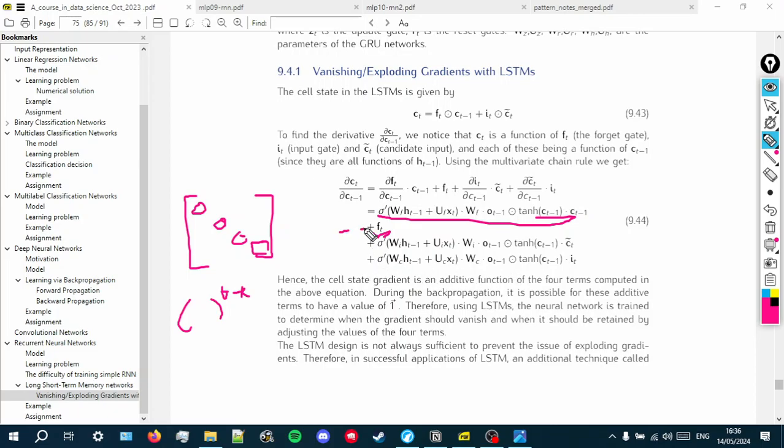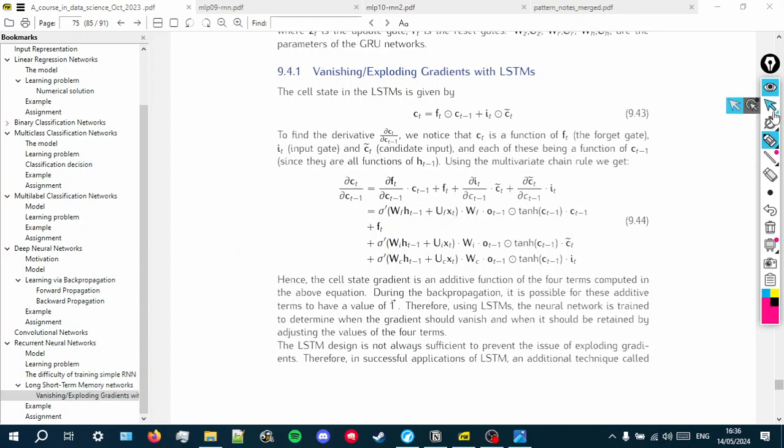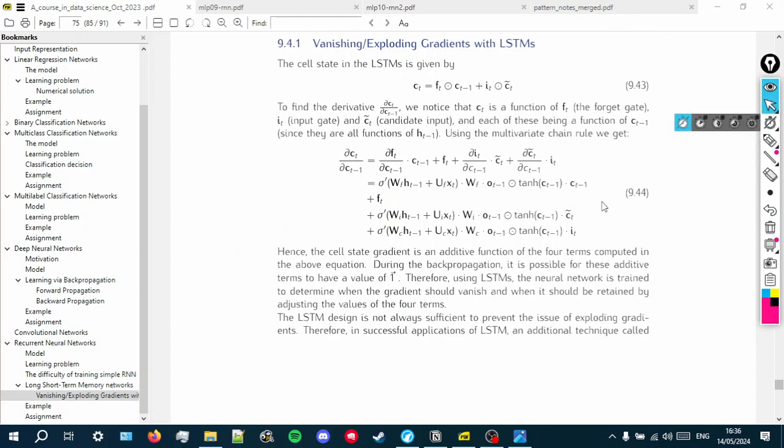The important part is this addition, this plus. This plus enables us to have more freedom in terms of vanishing or exploding gradients.